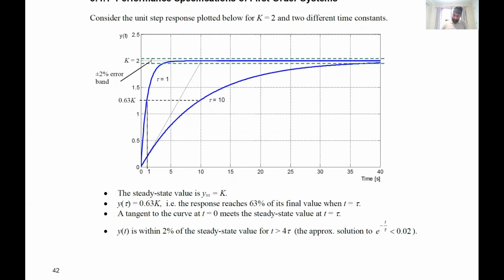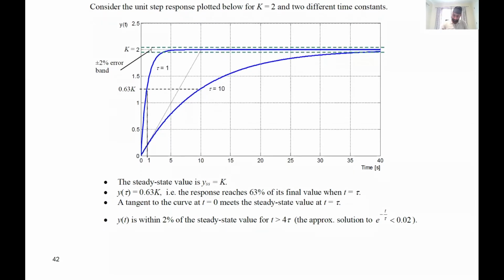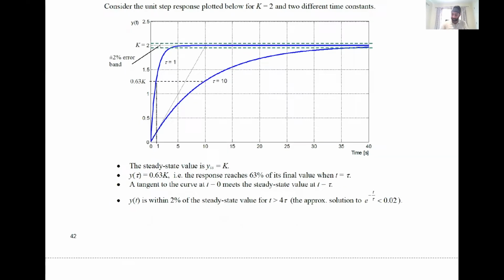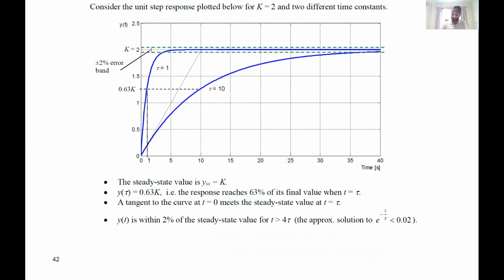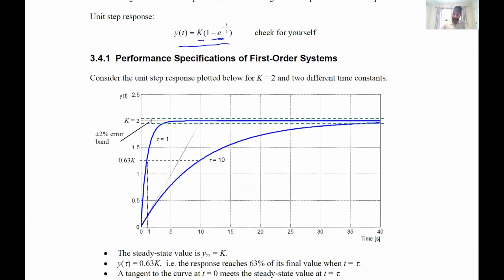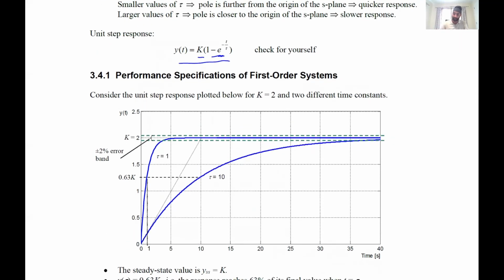You have also done this in your previous math classes, and you may have solved it in some other problems.